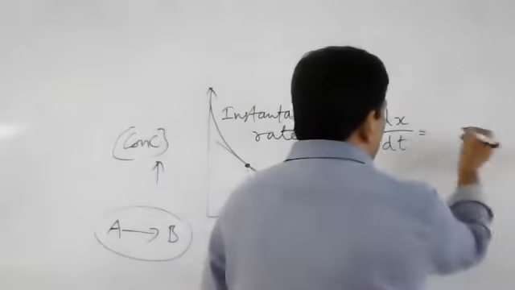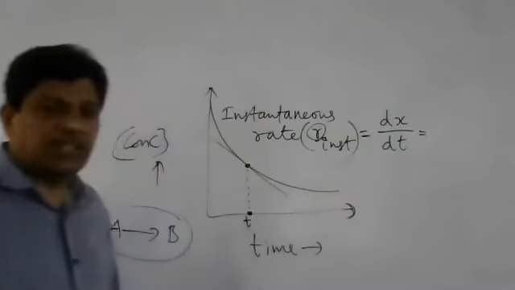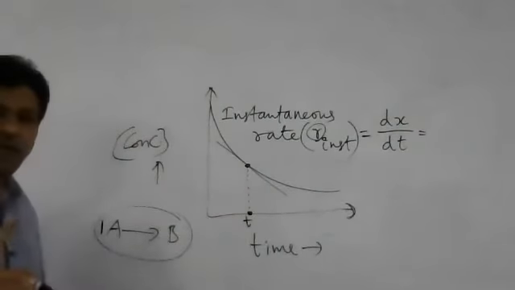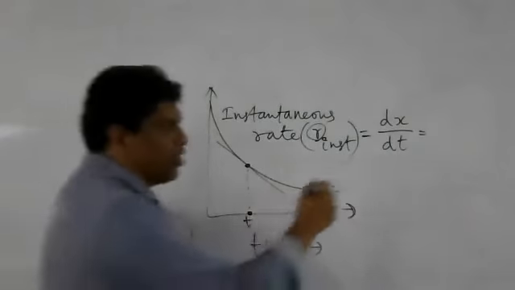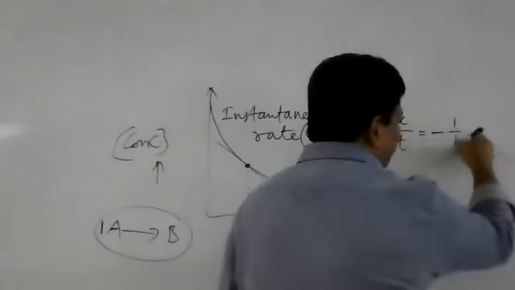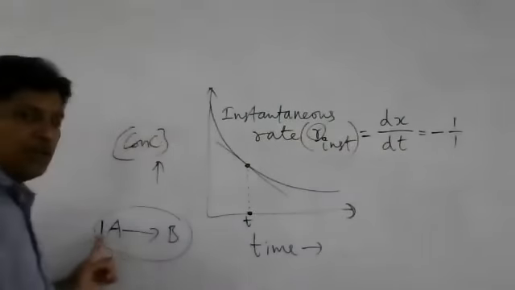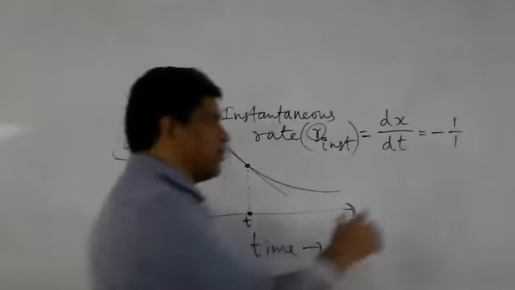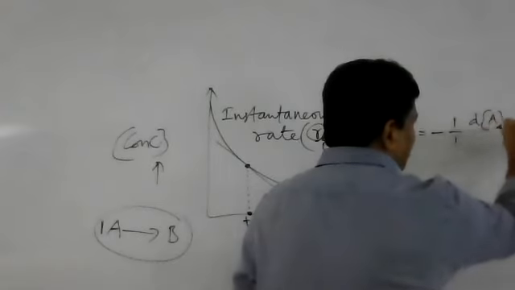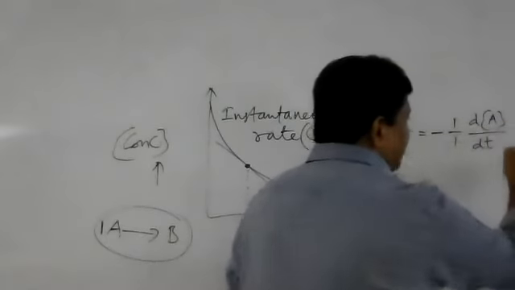How do we write it? Tell me first, from the reaction, how many moles of A are there? 1 mole of A. So what do we write, minus or plus? Minus 1 by 1, which is minus 1, times dA by dt.